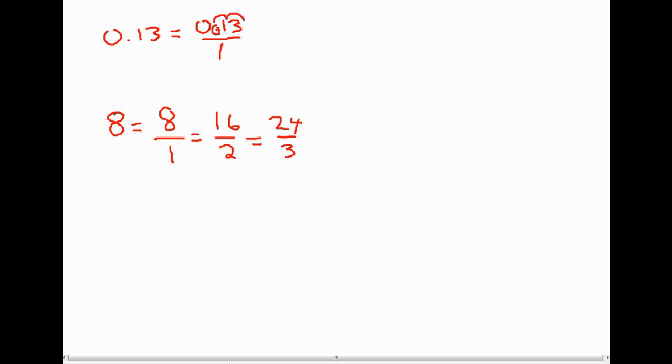So how do we move a decimal to the right? Well, we times it by a power of 10. And in this case, we times it by 100 because we want to move it 2 places to the right. With equivalent fractions, whatever we do to the top, we have to do to the bottom. So when we go ahead and multiply those, we get 13 over 100. And if you check on your calculator, 13 divided by 100 is 0.13.